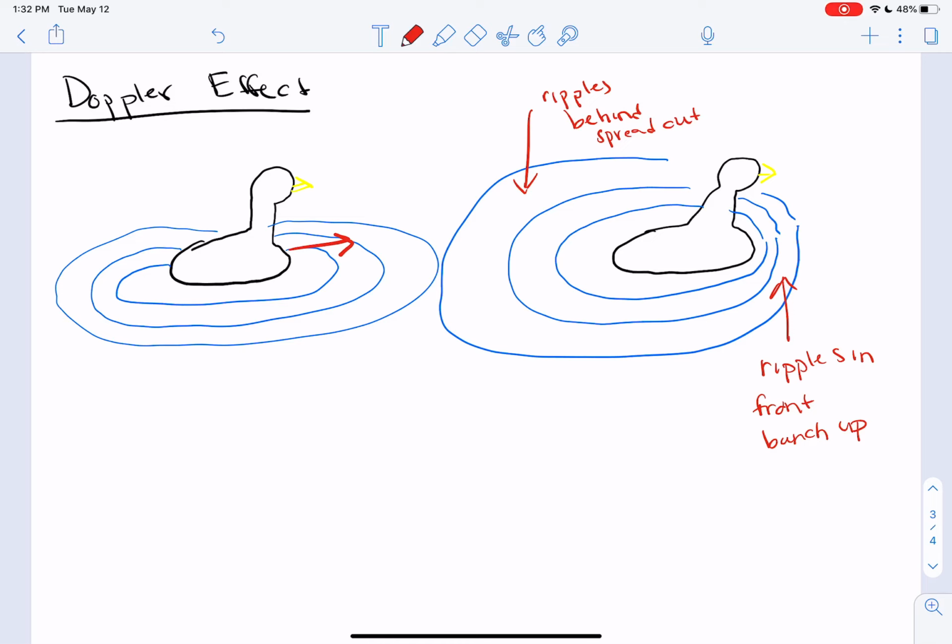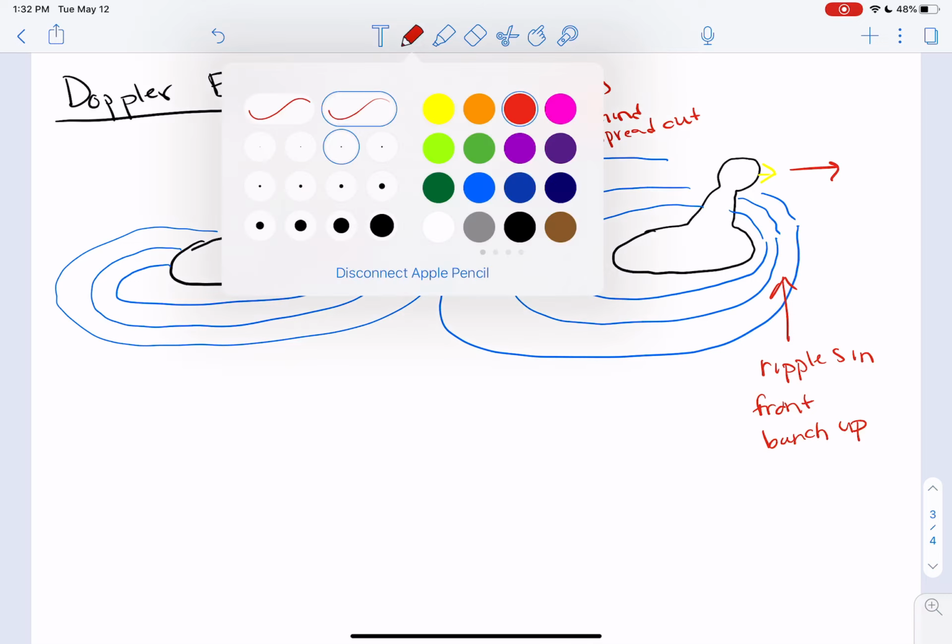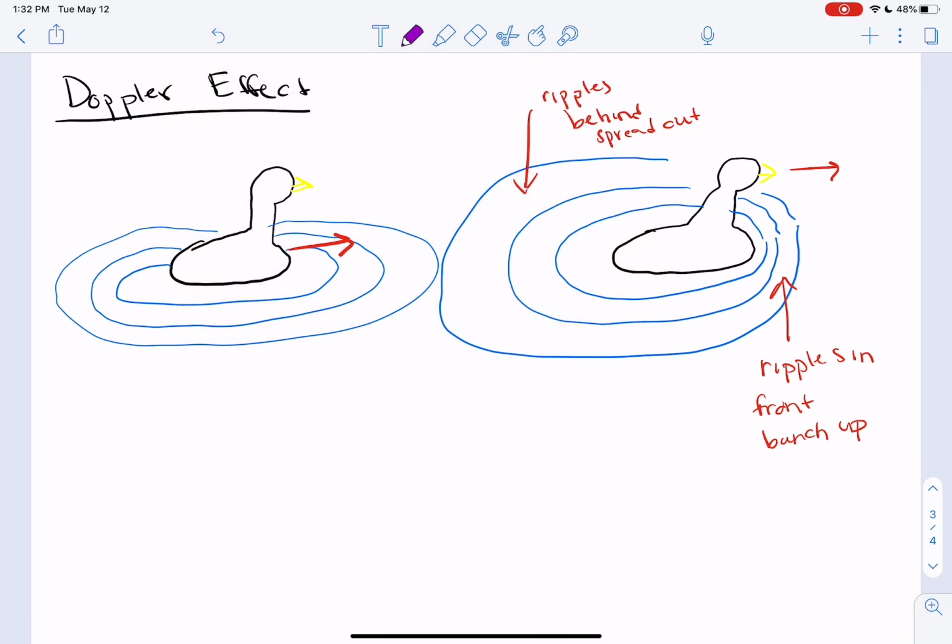Okay, so since the duck is moving this way, the ripples in front of the duck start to bunch up. They would have been just equally spread apart, but it's moving now, so the ripples bunch up. And that means that the ripples behind start to spread out. Because of this, we have a higher frequency of ripples in the front as the duck approaches you.